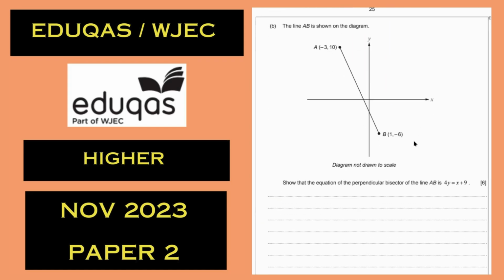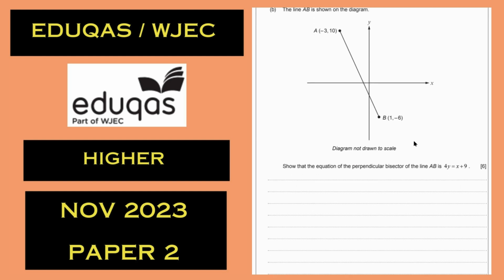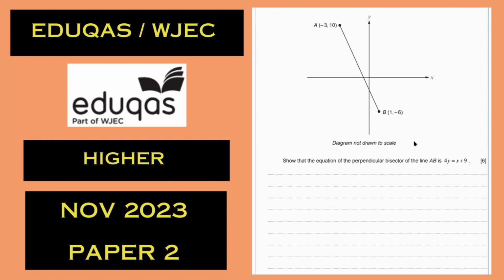Next, part B is saying, show that the equation of the perpendicular bisector. As we know with show questions, it really means do. So we've got this mythical perpendicular bisector. If we're going to find the gradient of it, we're going to need the gradient of this line. Let's do that first.